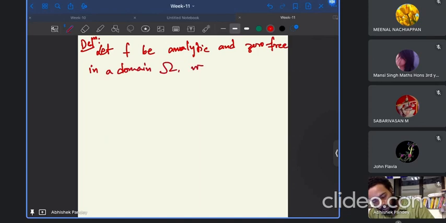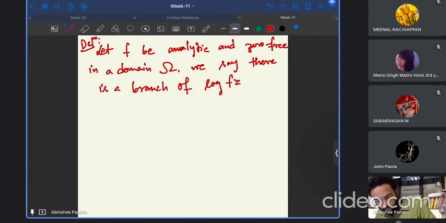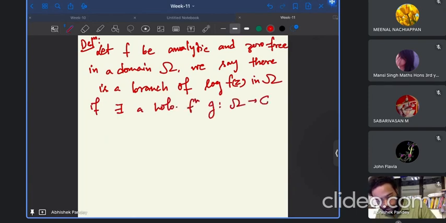Okay, we say there is a branch of log of f of z in omega if there exists a holomorphic function g from omega to C such that e to the power g of z is f of z.